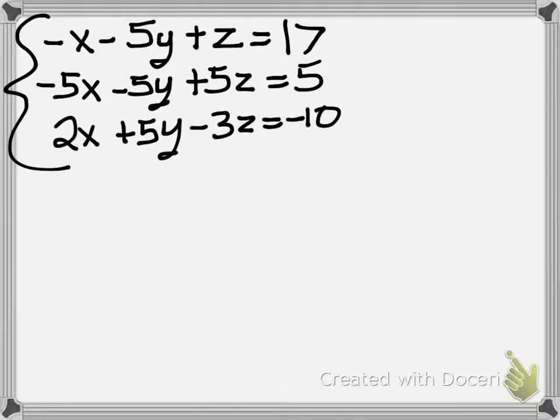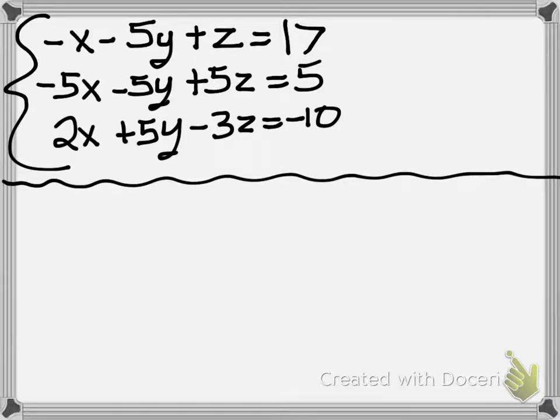So this is our original system. And now the first thing that we are going to do is we are going to pick two of these equations and eliminate a variable.